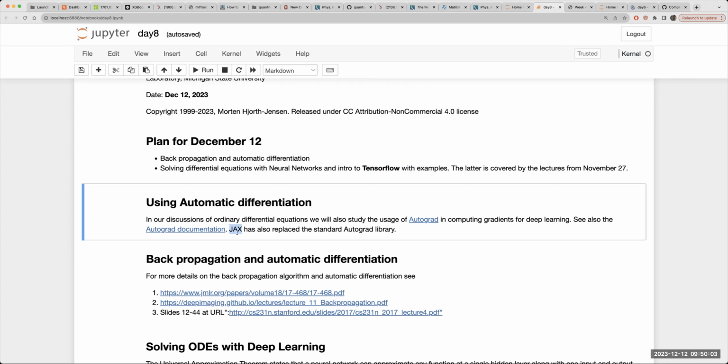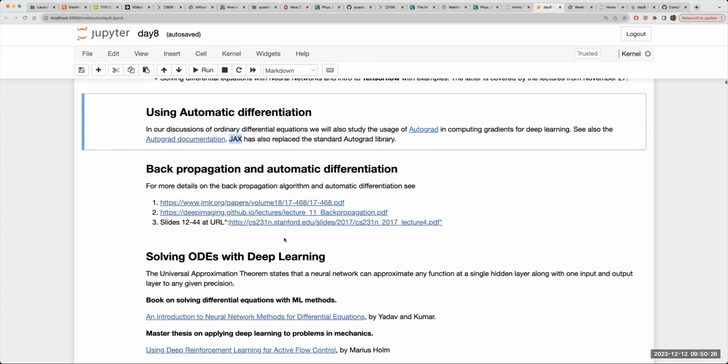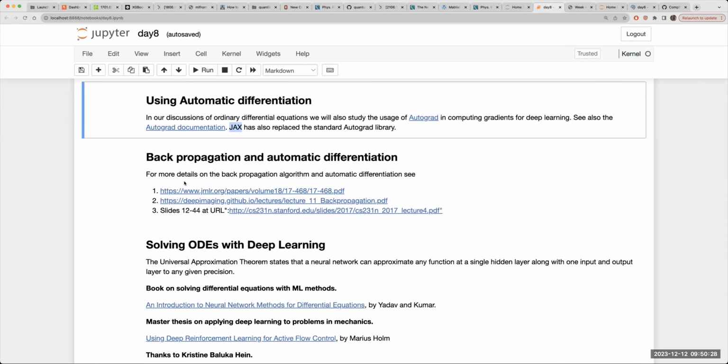JAX is becoming more and more stable. So if you're having problems running JAX on your laptop, we would normally recommend using AutoGrad. But AutoGrad is not being developed further. JAX is the project that has taken over the further development of automatic differentiation.